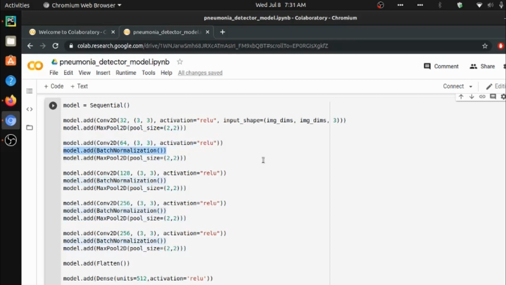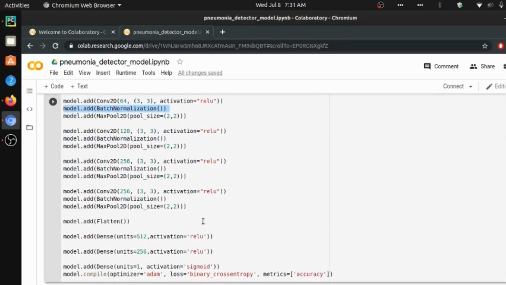The filter sizes are 3 cross 3, and 32 is the number of filters in the first layer. Filters are basically matrices, and the values inside the matrix are set randomly. If some value becomes very large in comparison to other values, it undergoes batch normalization in order to prevent that feature from being highlighted each and every time.